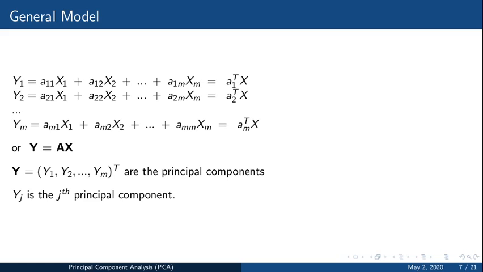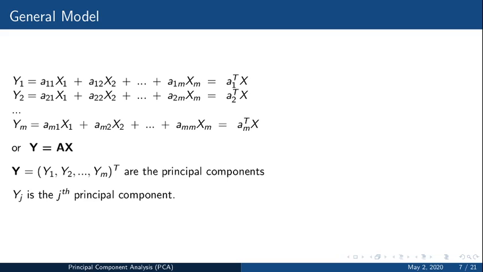You create m linear combinations, ym equal to am1 x1 plus am2 x2 plus etc., amm xm. So the vector y, equal to y1, y2, etc., ym, is equal to matrix A, also called the coefficient matrix, which contains a1 transpose, a2 transpose, etc., all the vectors, times the vector x, which contains x1, x2, the original variables. So y equals Ax.